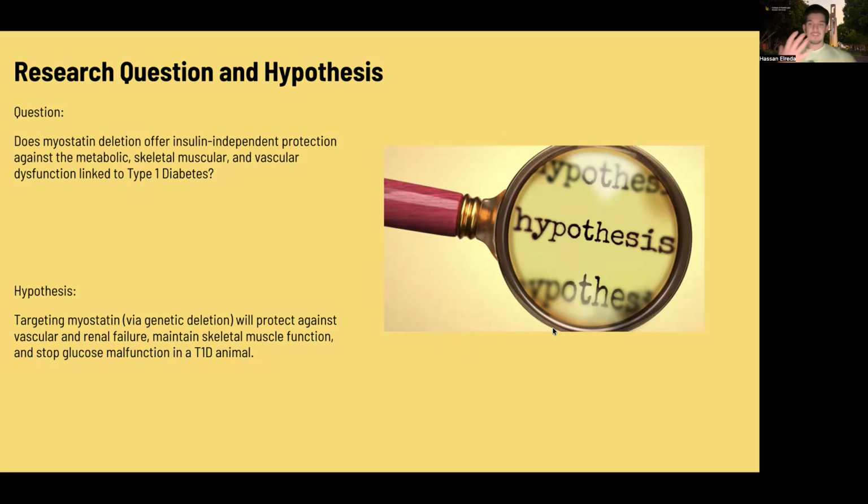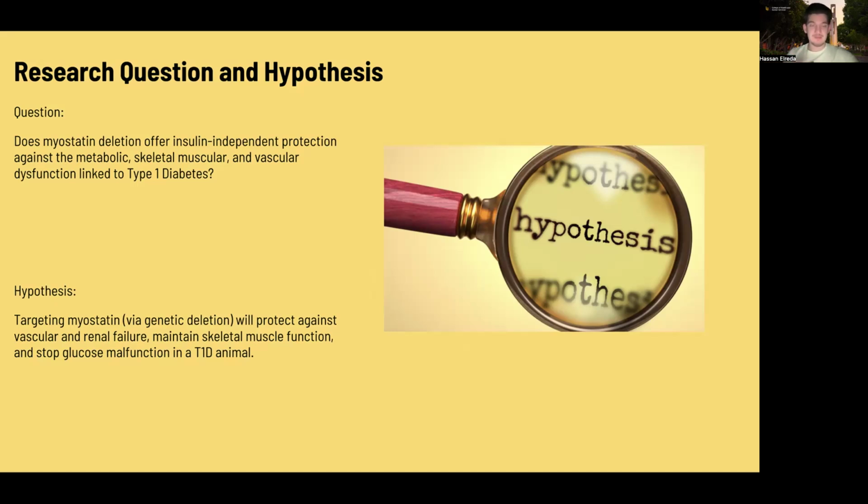So, which ties to our research question and hypothesis. The main question is whether deleting or inhibiting myostatin can protect against the negative effects of type 1 diabetes. Does myostatin deletion offer insulin independent protection against the metabolic, skeletal, muscular, and vascular dysfunctions linked to type 1 diabetes?